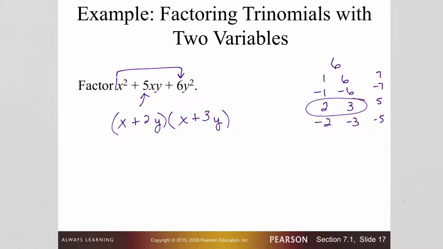Now, with all of these factoring problems, you can actually check your work. So let's try that. How you check your work is you multiply, you distribute, just like you did before. This right here is our answer, but if we want to check our work, we can multiply it out off to the side.